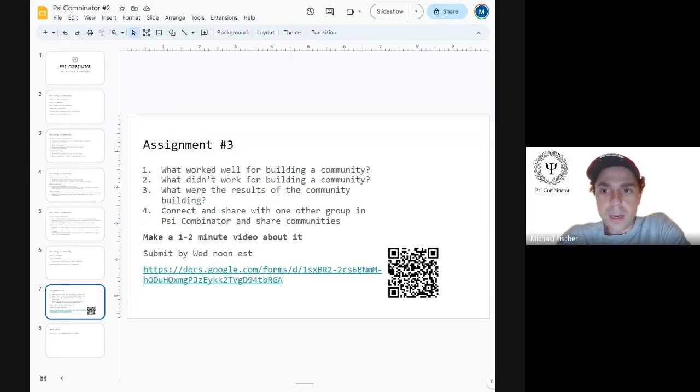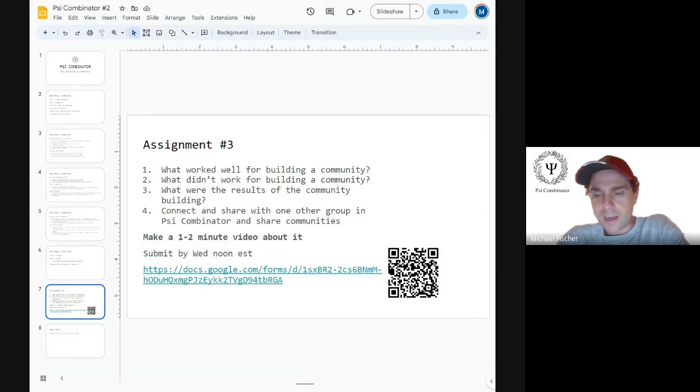And then there's a new thing, but I think it's important: you should connect with another group in the Combinator cohort and say who that group is in the video, and see if there's a way to share community members or lists of people.